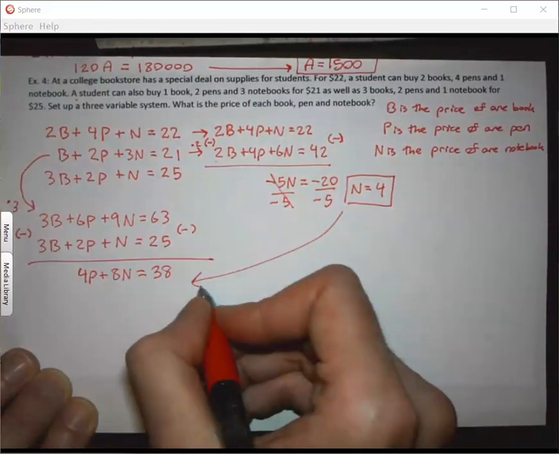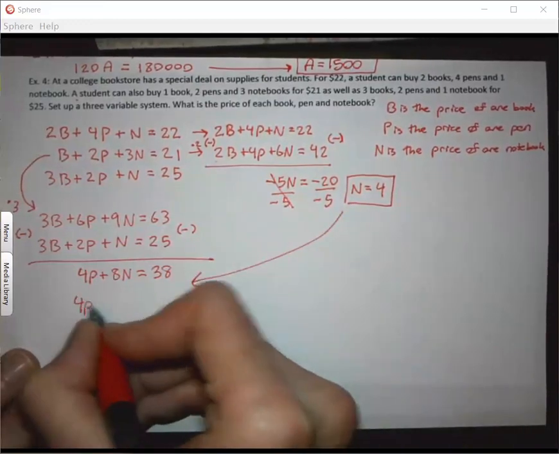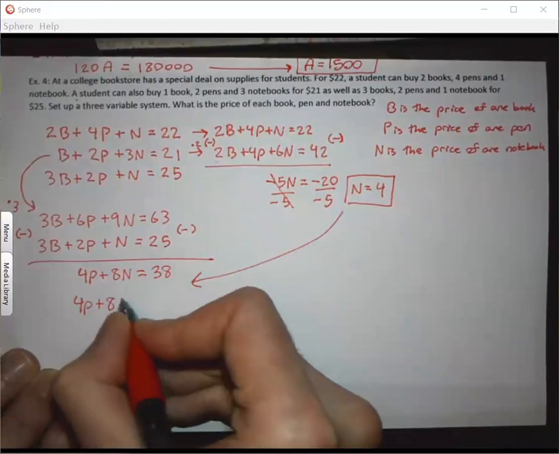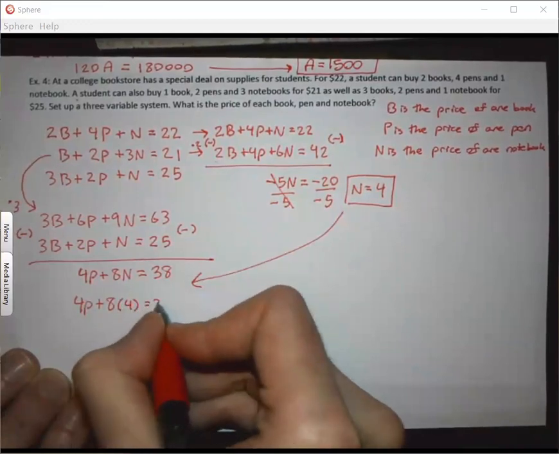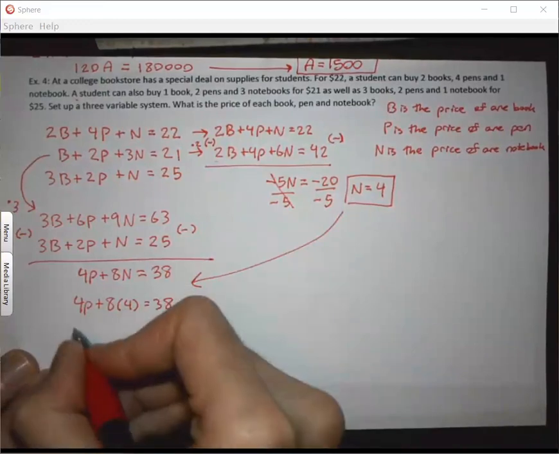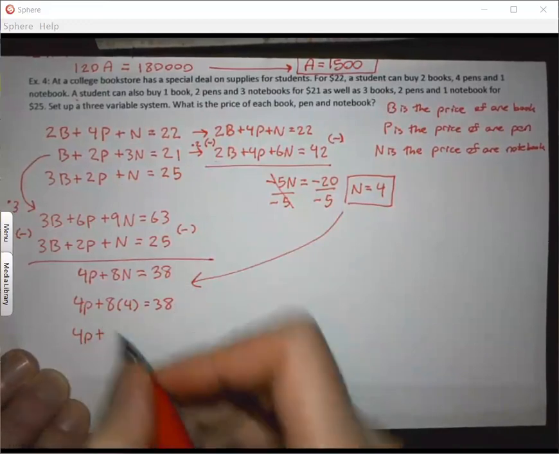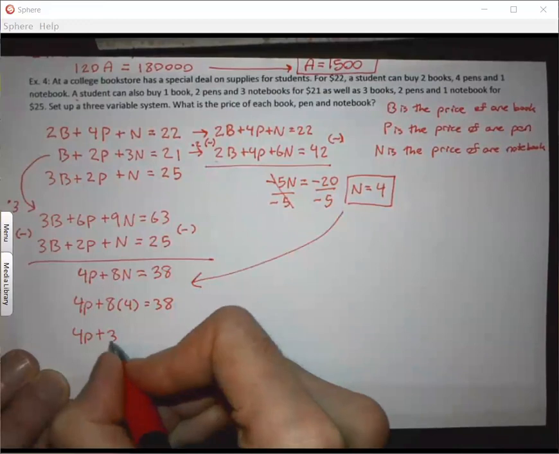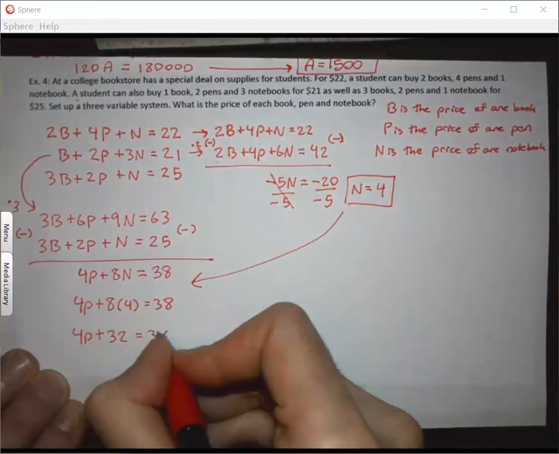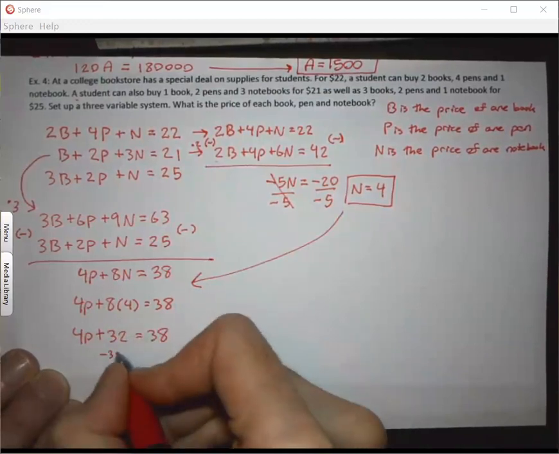So plugging that in here. N was 4. Take away 32.